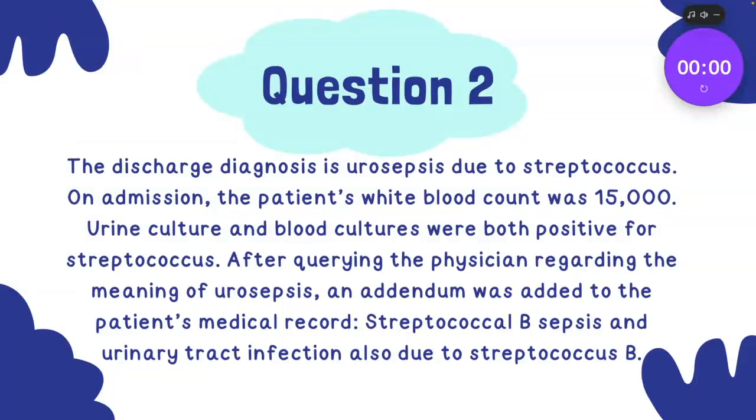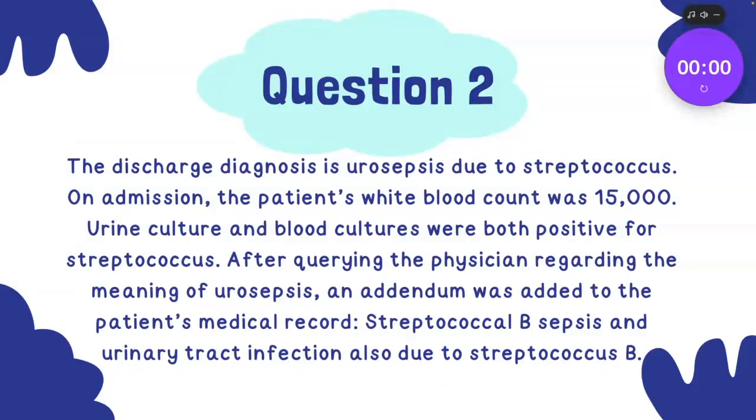But in order to query, you have to understand what you're reading from the perspective of when you know that there is a need to query. So this one was easy because urosepsis is in the guidelines as something that is non-specific and you need to query for.